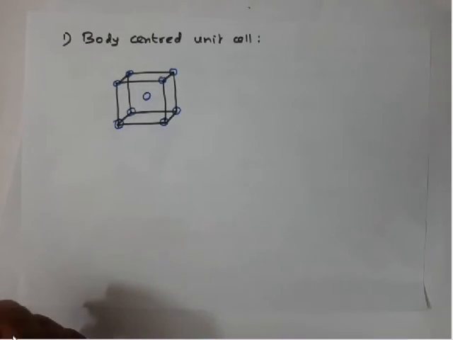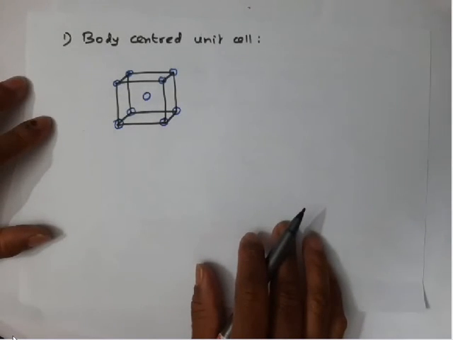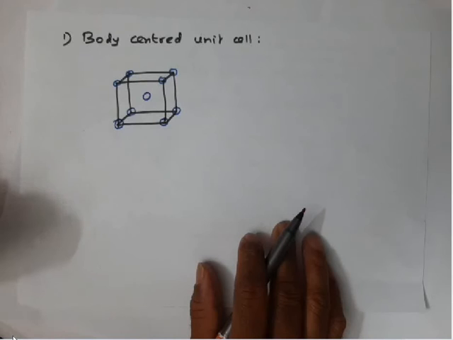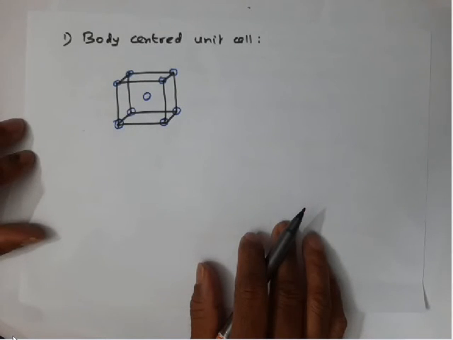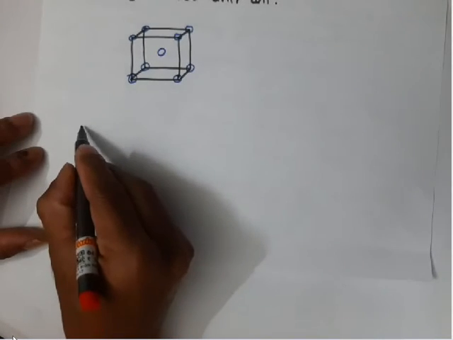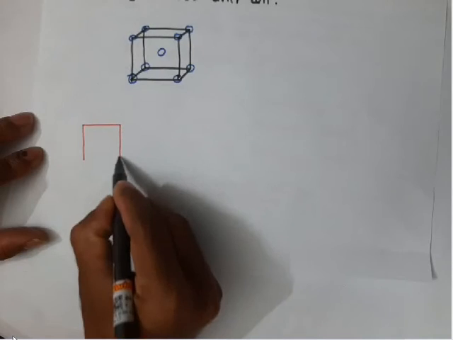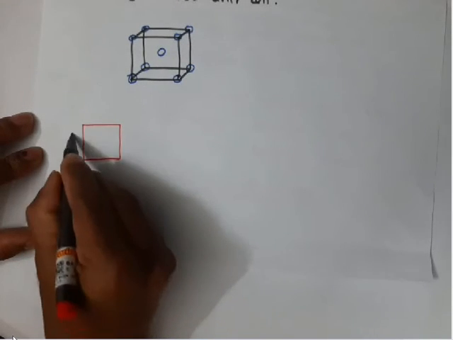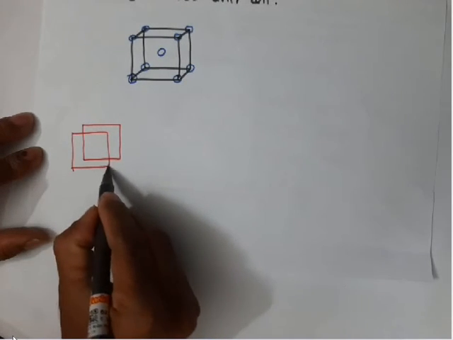In body-centered unit cell, we need to remember this information. Students, keep this in mind. This is very important. See, in the case of a primitive unit cell, let me draw a primitive unit cell here.